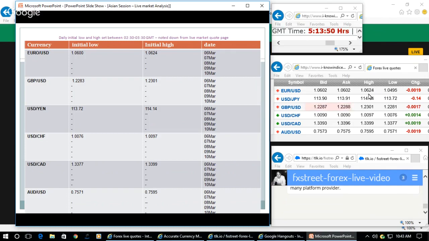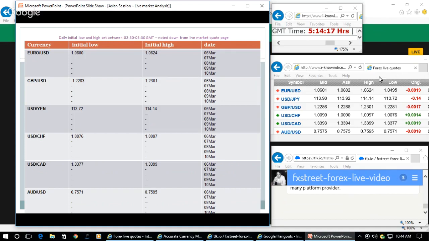So suppose one platform is showing 1.0623 and another one showing 1.0624 as the high, then you can find out which could be the appropriate level, and out of experience you will be able to decide and make use of it as the initial high and try to watch that.